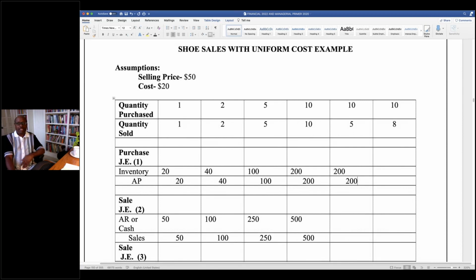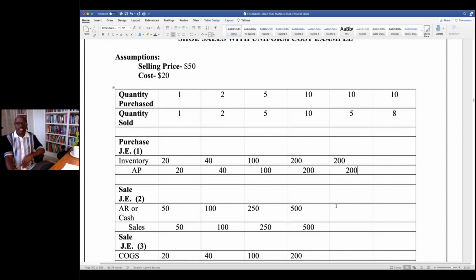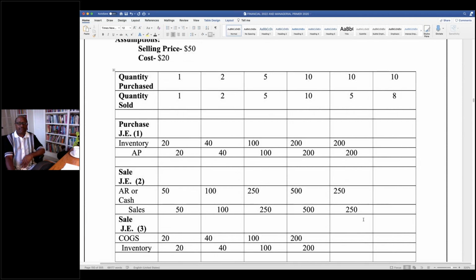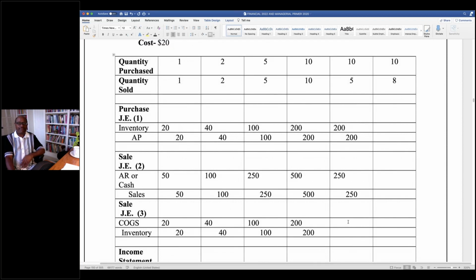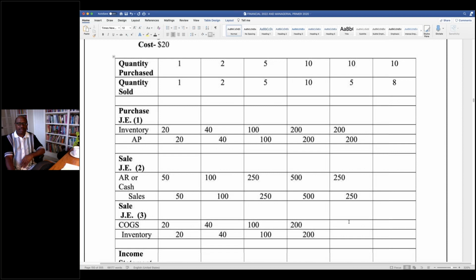How much money are we getting from the sale? $250. 250, yeah. What's cost of goods sold going to be? 200?